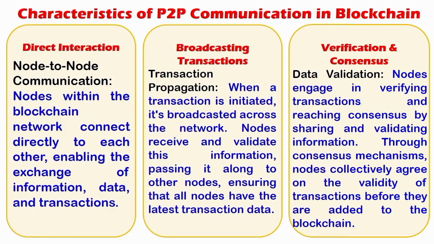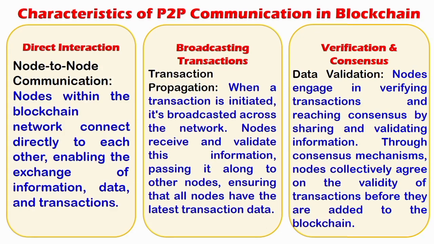Okay, let's talk about how verification and agreement happen in blockchain's peer-to-peer communication. Think of it like this. All the computers or nodes work together to check if transactions are legit. They do this by sharing and double checking the information.